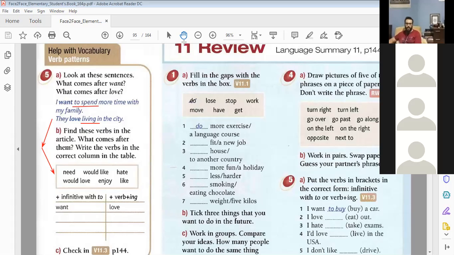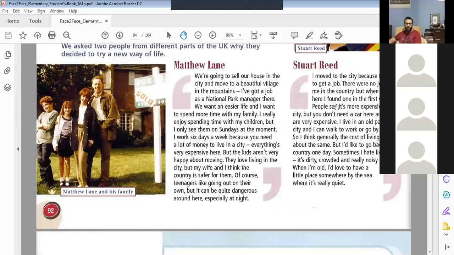Let's find the verb need. Can you find the verb need? You need a lot of money. Okay, you need a lot of money.